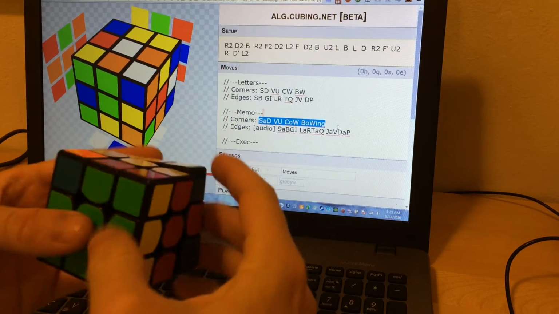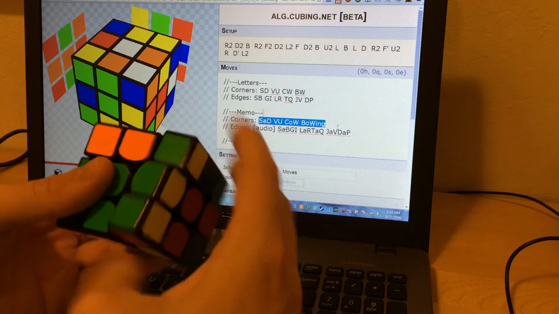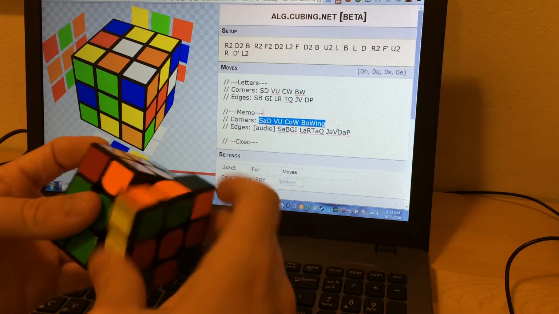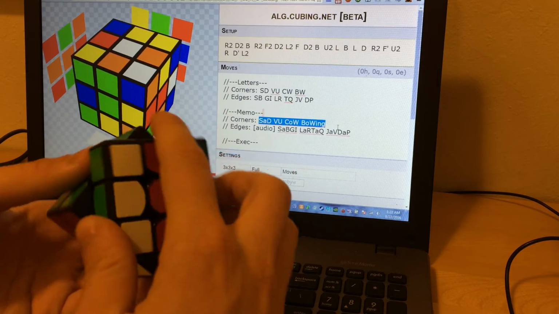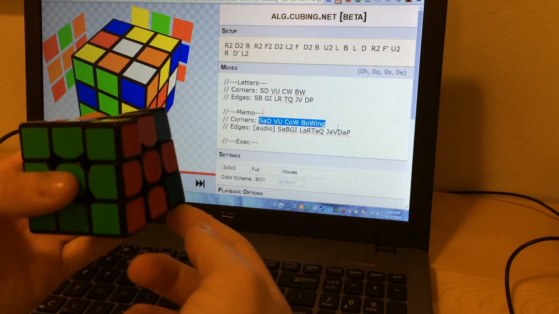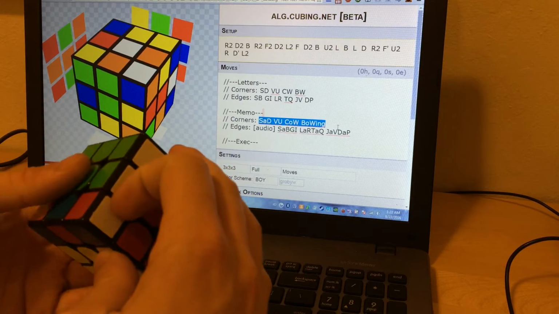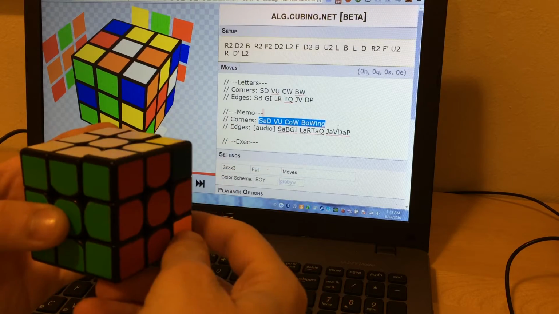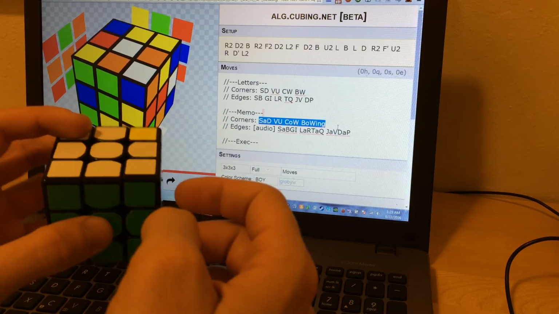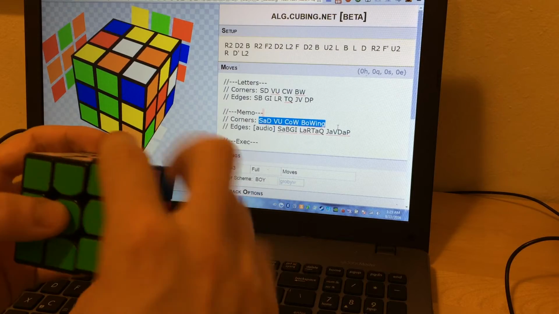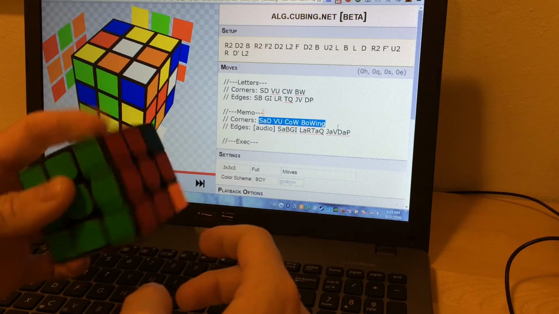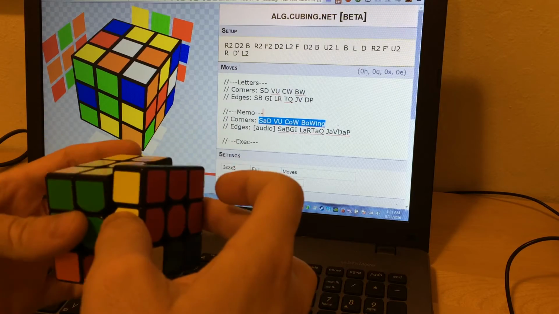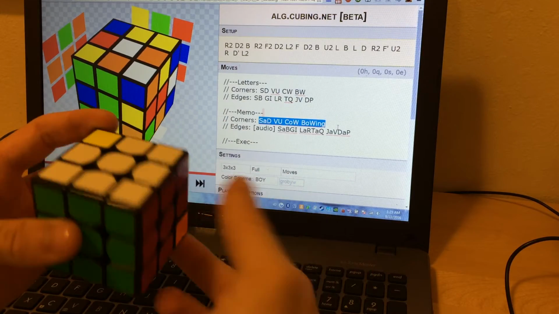Then U, which is just going to be normal. C, which is just F. W, which I prefer R to F. Where were we? Oh, B, so that's R D prime. And then back to W.